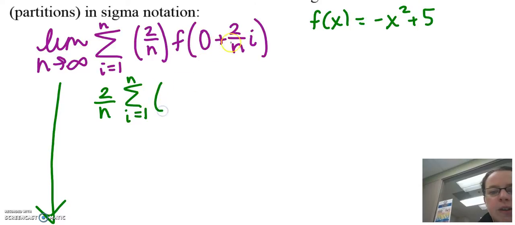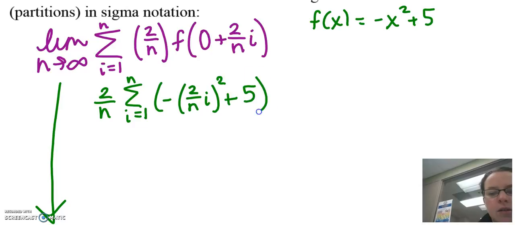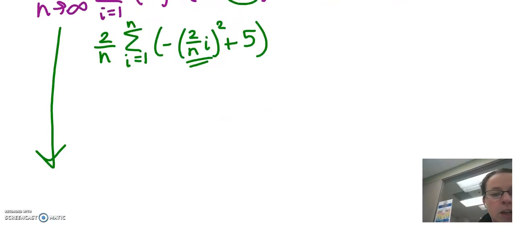So that means f of 0 plus 2 over n i is going to be negative (2 over n i) squared plus 5. So this is really, the 0 doesn't do anything to impact it, right? So I'm taking 2 over n i and plugging it in for x. This then is the stuff we've been working on.